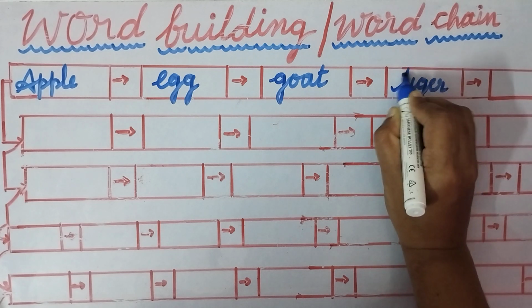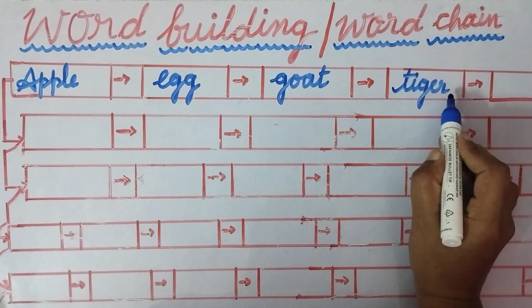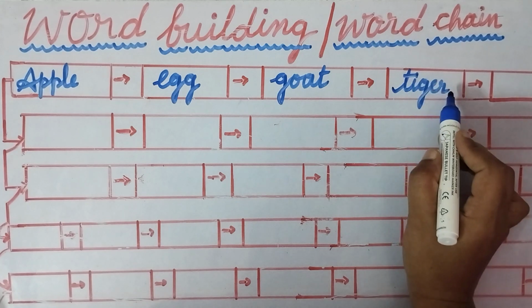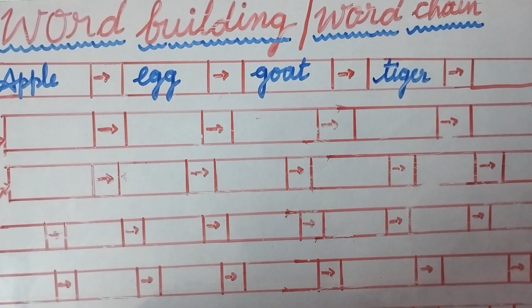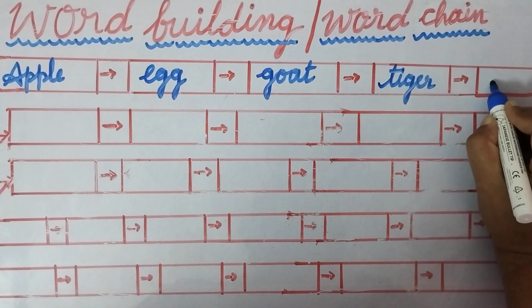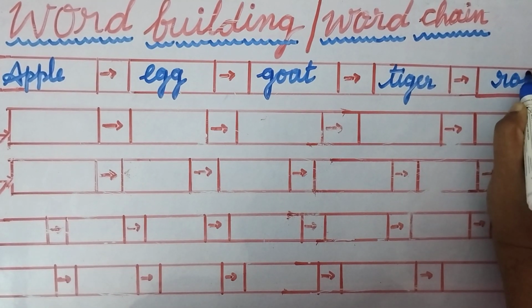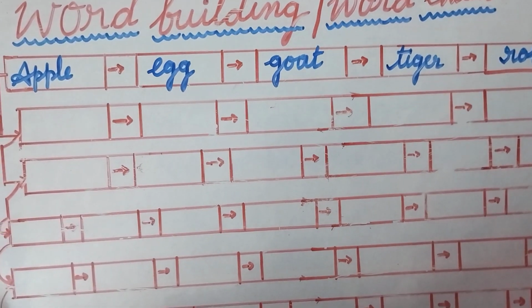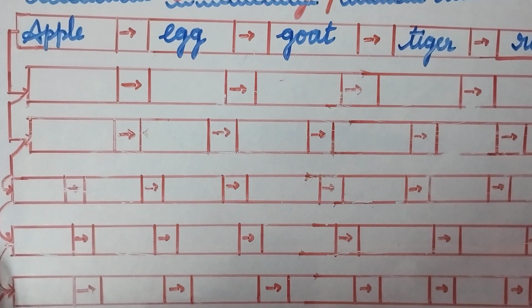T-I-G-E-R, tiger. Next, the last letter of this word is R, so we start from the R letter word. R for rose, R-O-S-E, rose. The last letter is E, so we write an E word again.